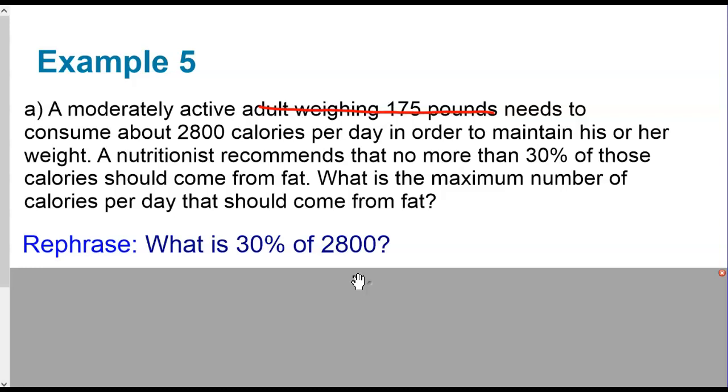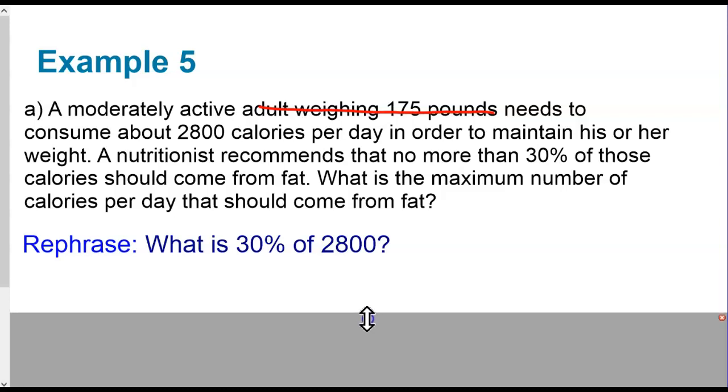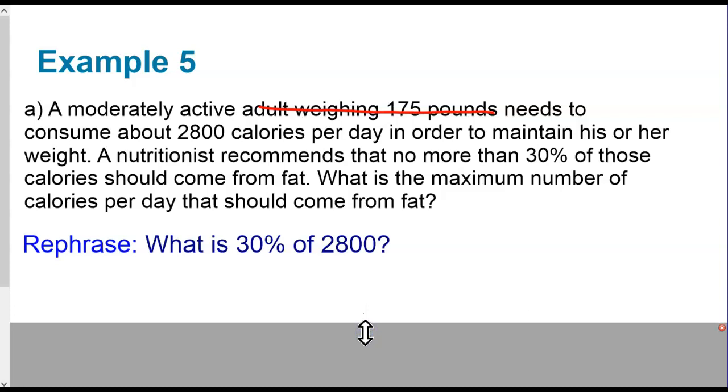And by doing that, of course, we now have it in a form that we can mathematically figure out. We'll say, what is 30% of 2,800? So 0.30 times 2,800. And we get our calculator out.